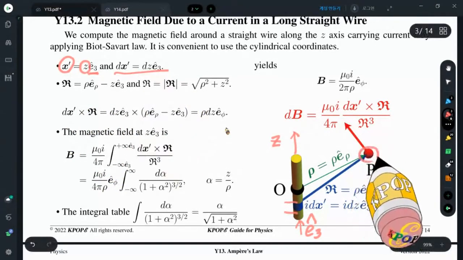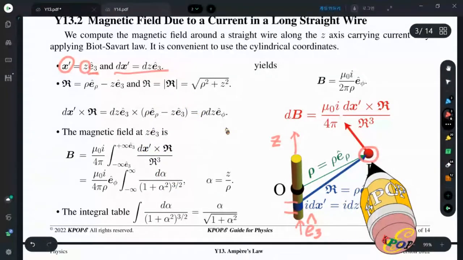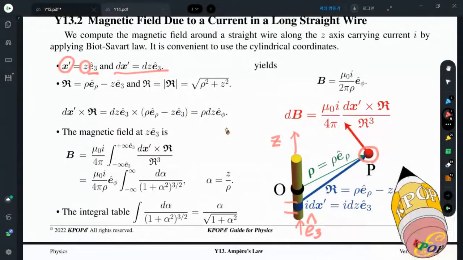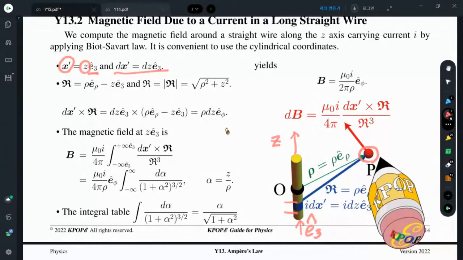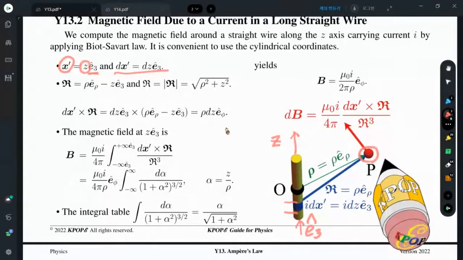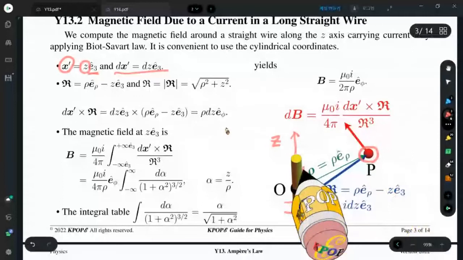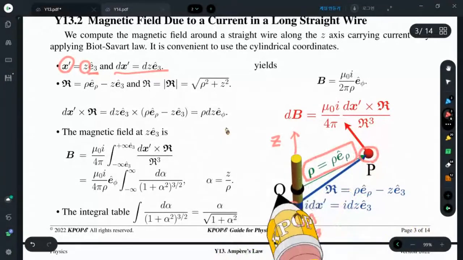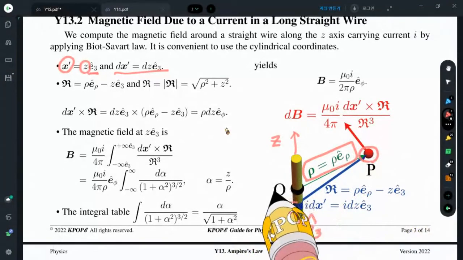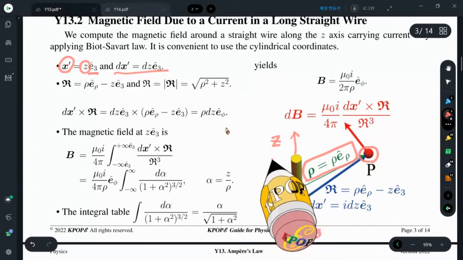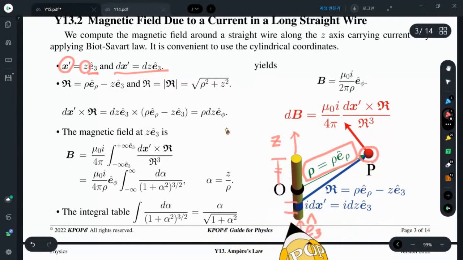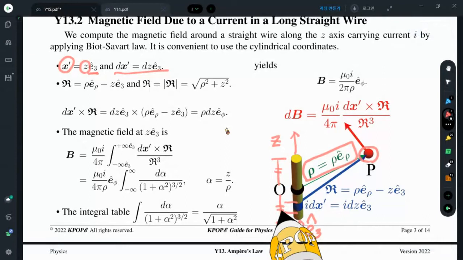We choose the field point. The field point is point P. Point P has been chosen like that, and there is an origin at the center, at equal distance to both ends.